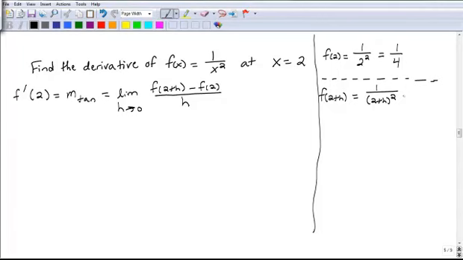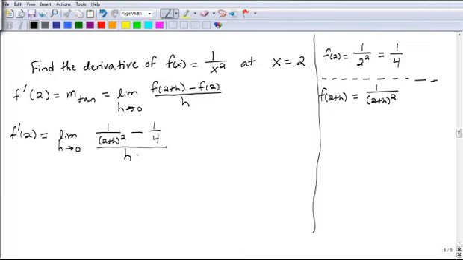And so now, if I want to figure out what this derivative is, I can plug into this formula. The limit as h goes to 0. F of 2 plus h is 1 over 2 plus h squared. F of 2 is 1 over 4. It's all divided by h.